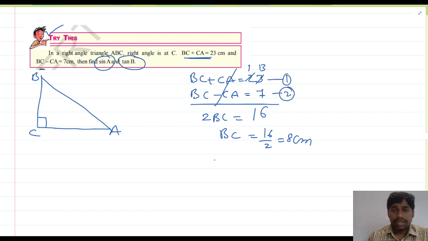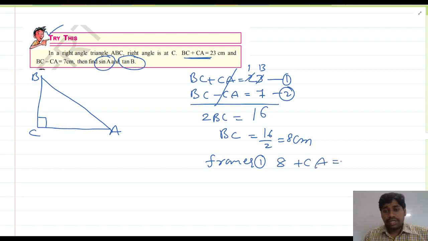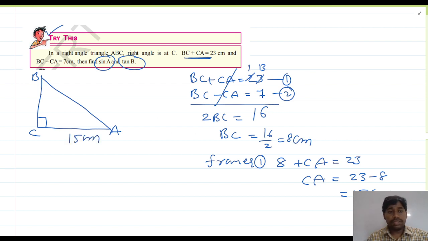From equation 1 we get 8 plus CA is 23. Then CA is 23 minus 8, which is 15. So CA is 15 centimeters and BC is 8 centimeters.